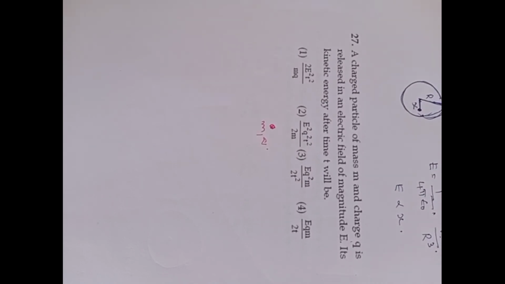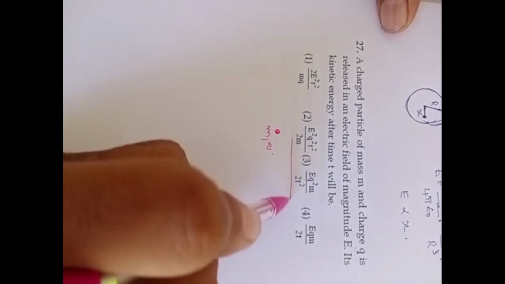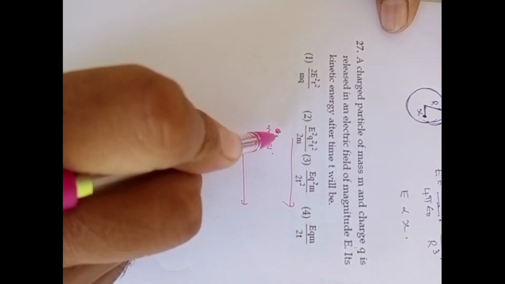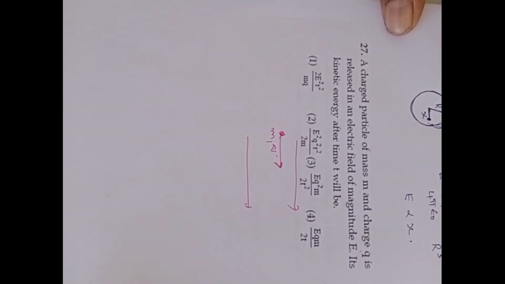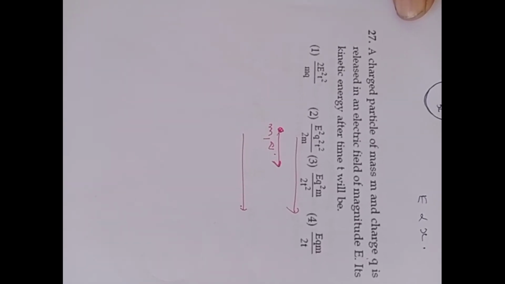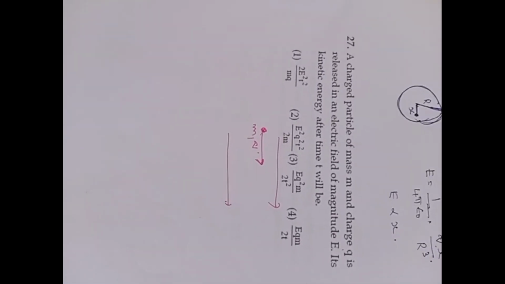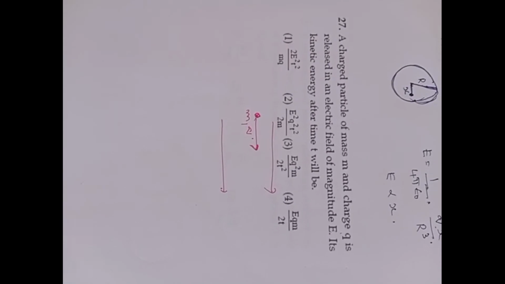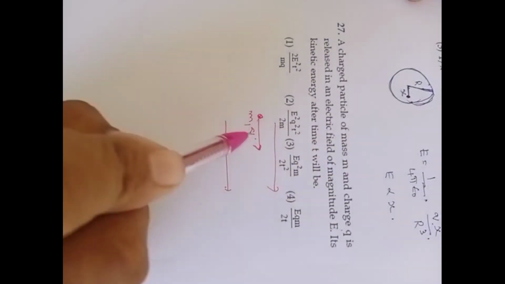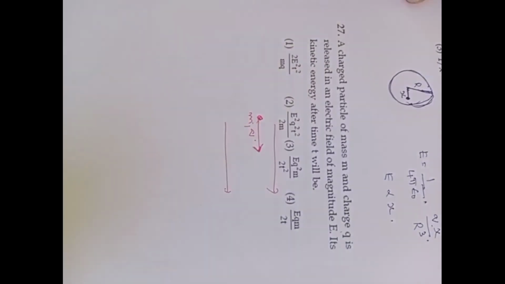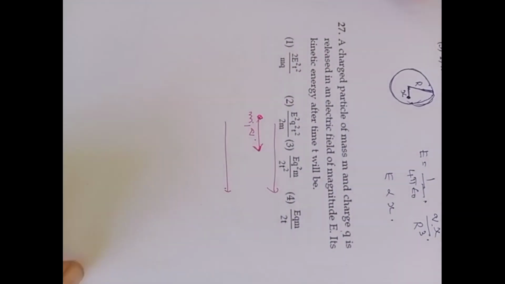So if the electric field is in this direction, this particle will also go in the same direction, if it is a positive charge. If it is a negative charge, what will happen? It will go opposite to the field. Since it is a positive charge, it will go in the direction of the field.